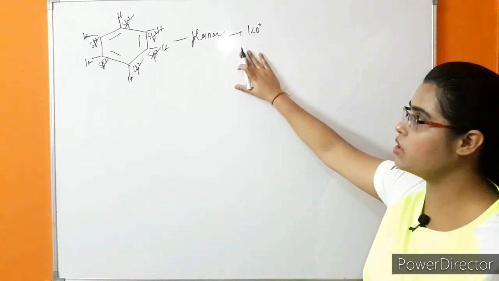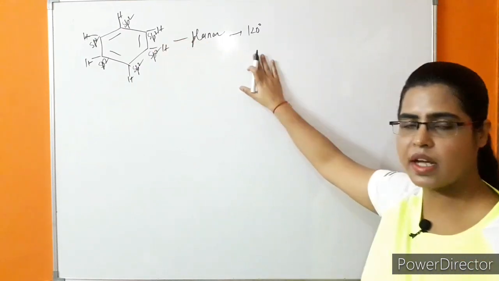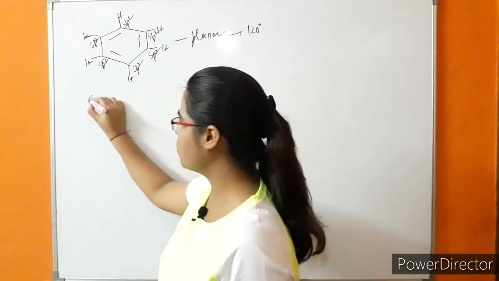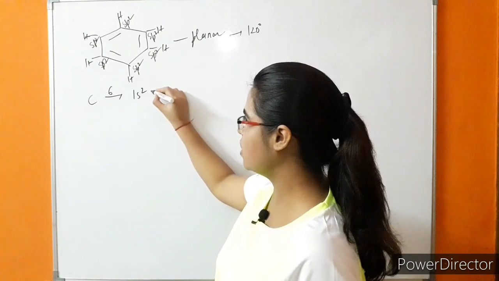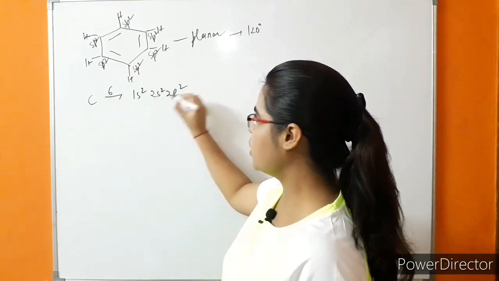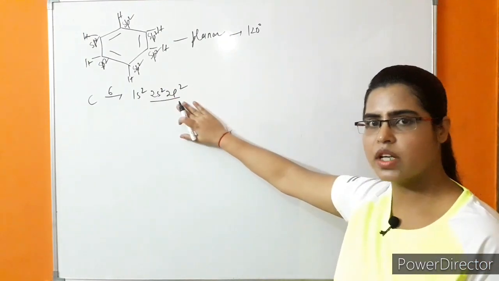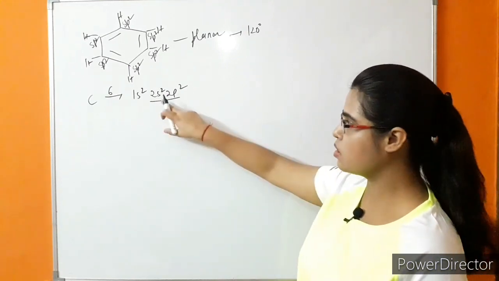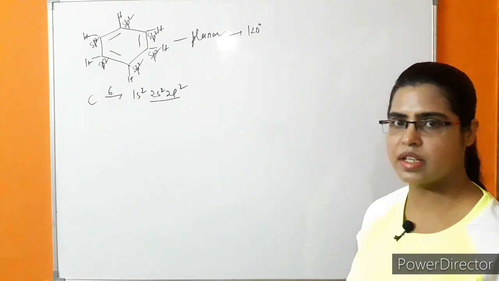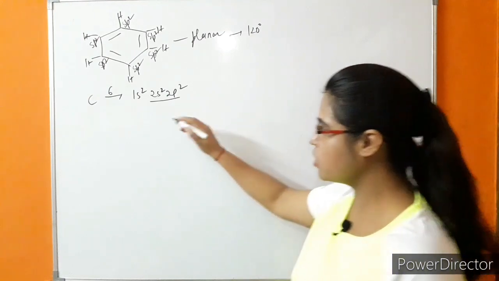So how is this hybridization, that is sp2 hybridization, obtained? We know that carbon has atomic number 6. What is the electronic configuration? 1s2, 2s2, 2p2. This is the outermost shell of the carbon. In this, 2 electrons are present in the s subshell and 2 electrons are present in the p subshell. This is the ground state.